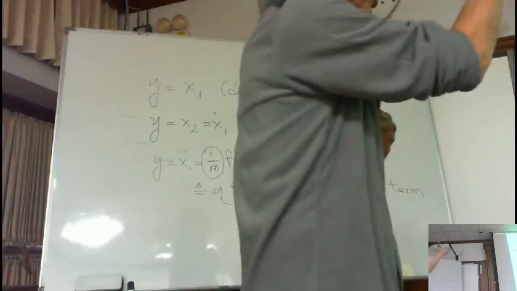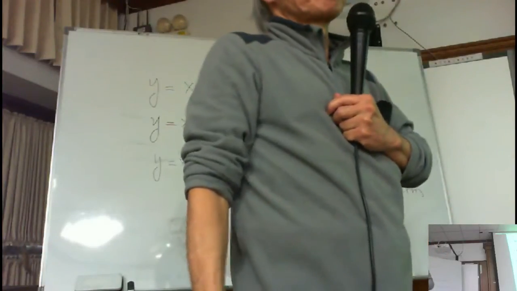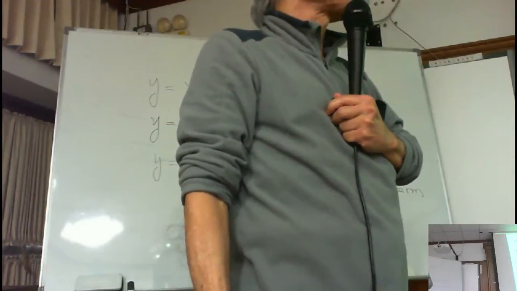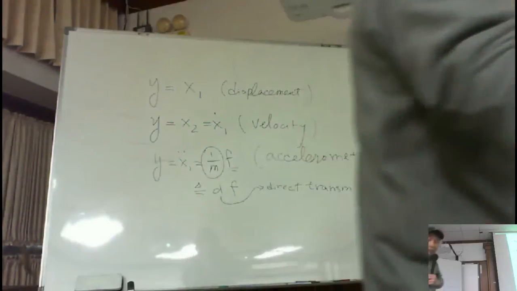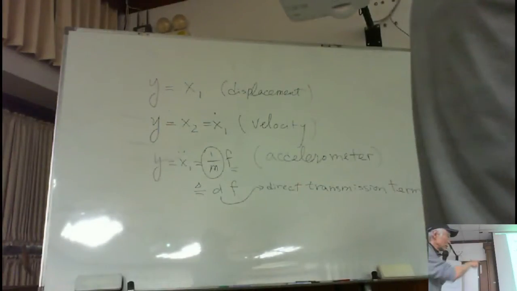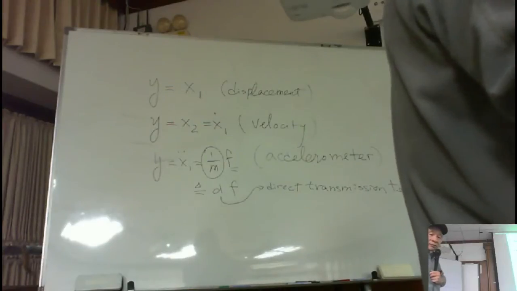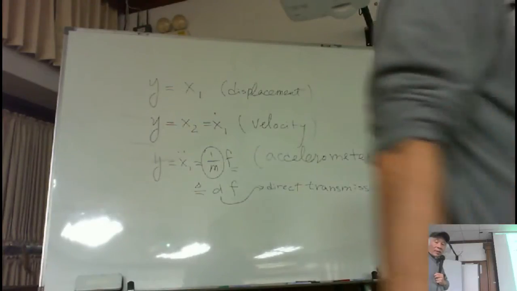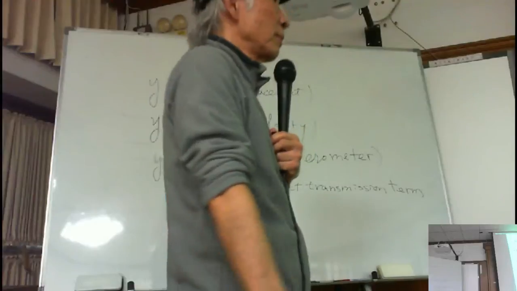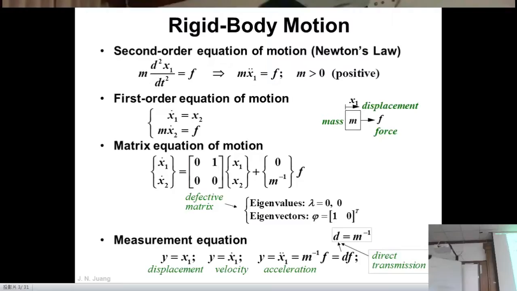I'm talking about rigid body motions. Okay? All right, so I explained to you displacement, velocity, accelerations, and direct transmission term. Any questions?